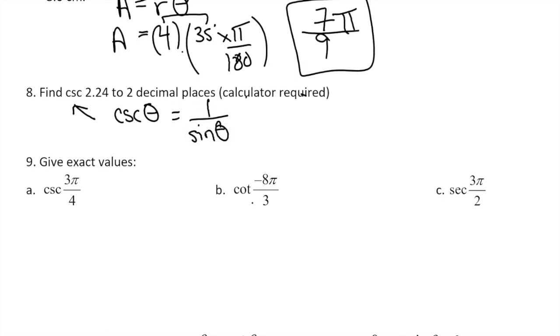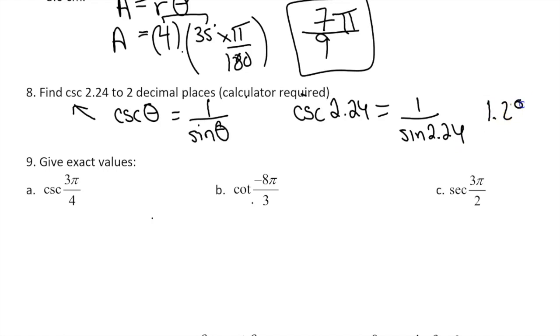So if we have cosecant of 2.24, we can just replace the theta and say 1 over sine of 2.24, making sure you're in radian mode on your calculator. If you put that in your calculator, I think you get 1.28 to 2 decimal places.